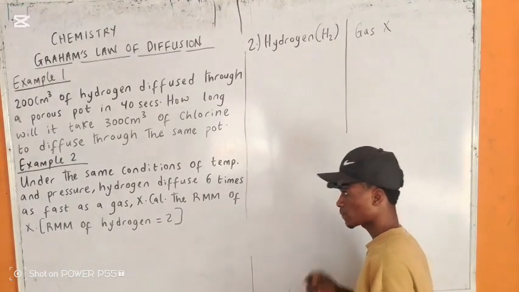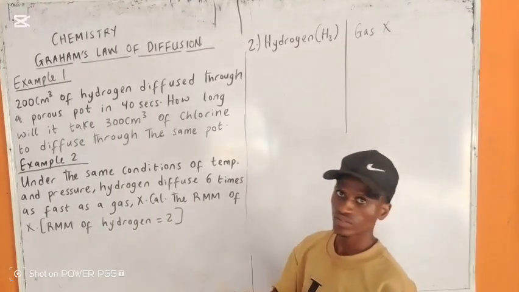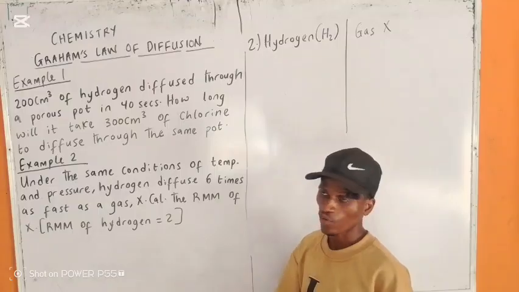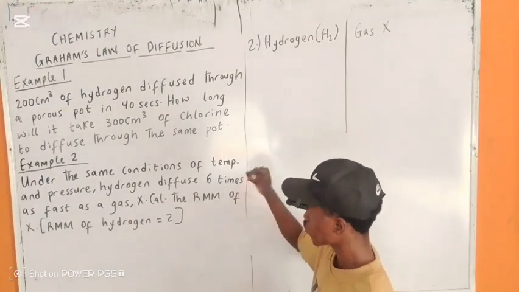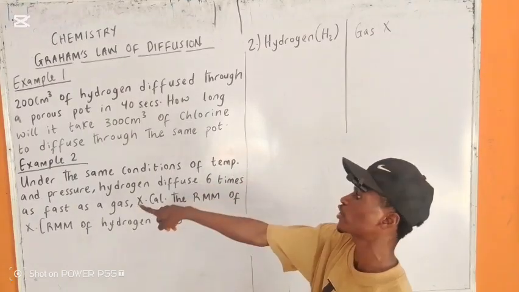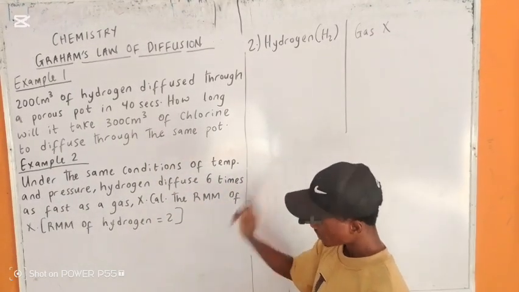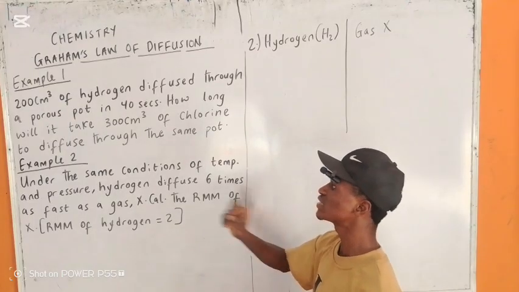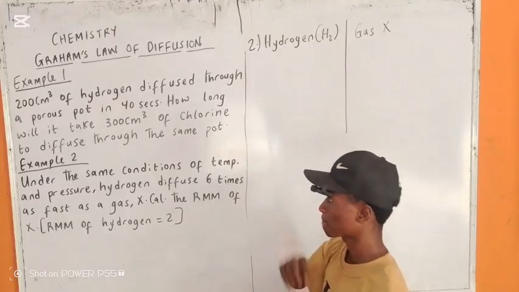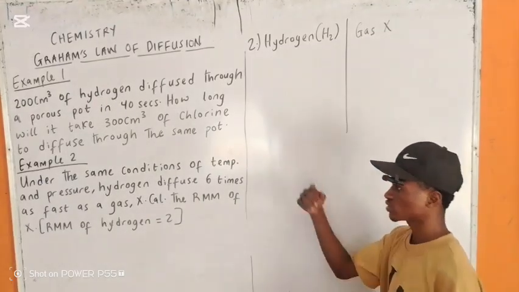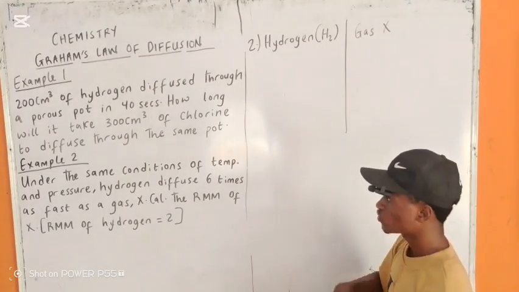We can see from the question that we are not given time and we are not given volume. The question says, under the same conditions of temperature and pressure, hydrogen diffuses 6 times as fast as gas X. So we are given rate, and we are given the relative molecular mass.